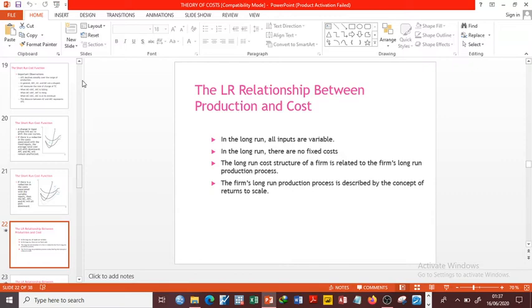In the long run, you would have expanded and you're renting maybe 3 premises in 3 different regions. So definitely the rent will have increased. That's why we say that in the long run, all inputs are variable, and they are not fixed costs, right?